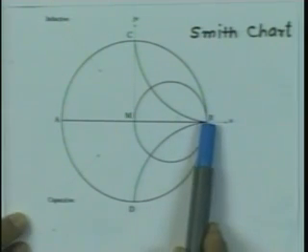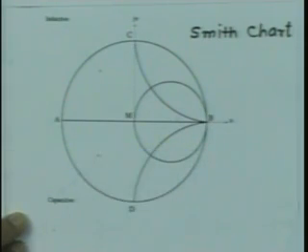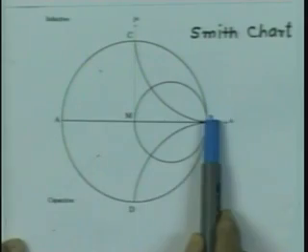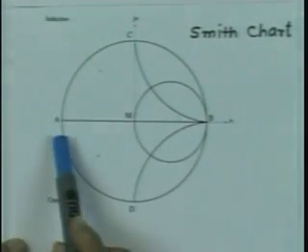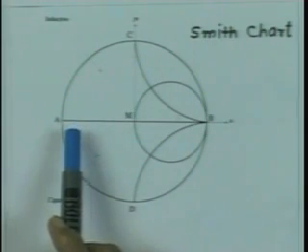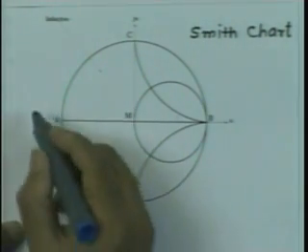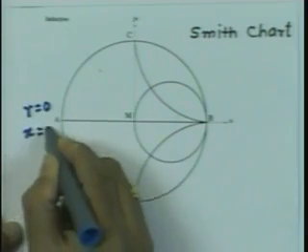Any point lying on this horizontal axis represents x equal to 0. So, the intersection of these two, the horizontal axis and the unit circle, which is the point A, corresponds to r equal to 0, x equal to 0.